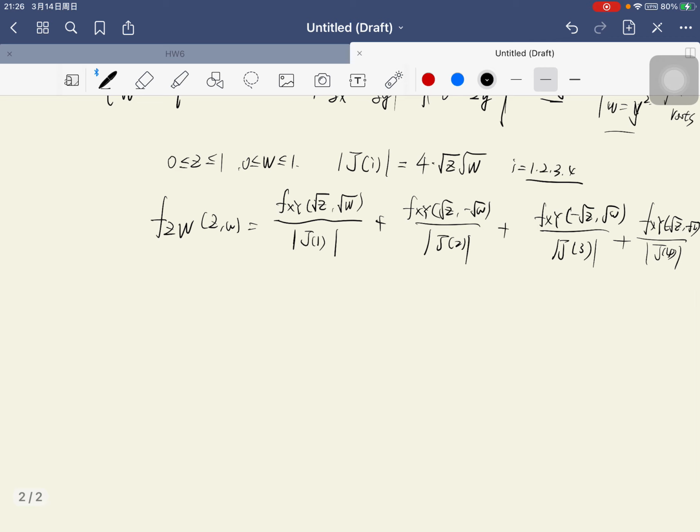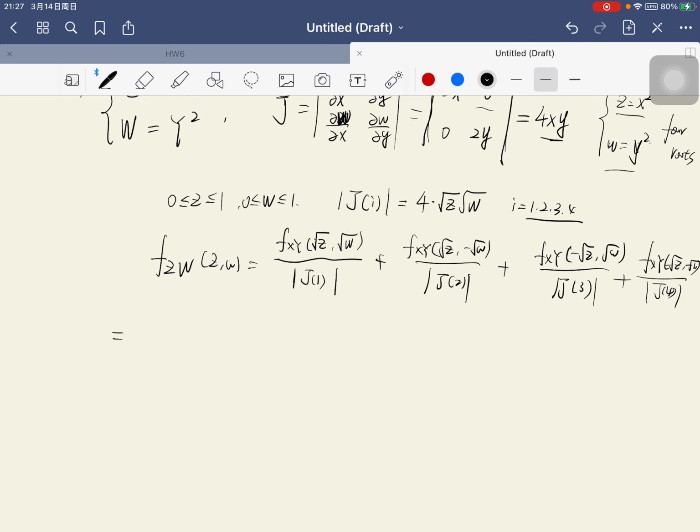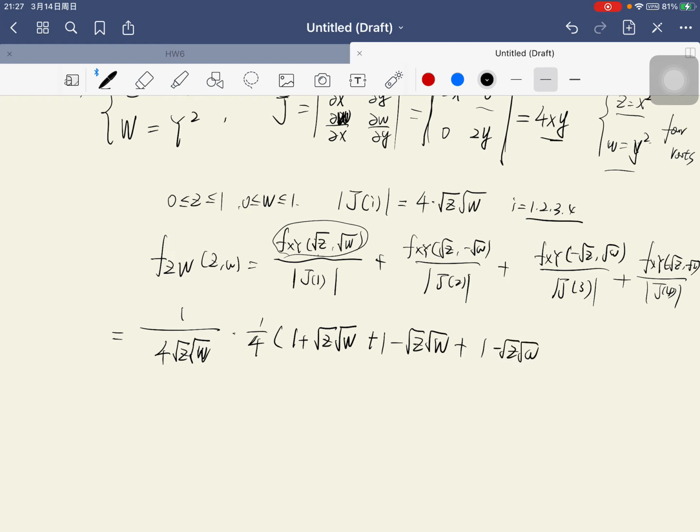So we can compute it, and it is equal to 1 over 4 times the square root of z and the square root of w, times 1 over 4 times the sum: the first term 1 plus, the second 1 minus, plus 1 minus, plus 1 plus, and this part is equal to 0.